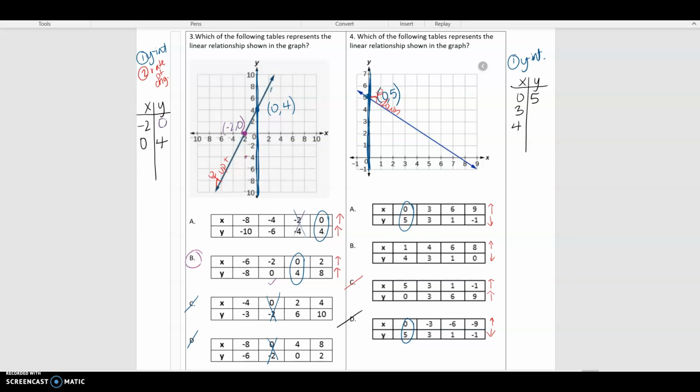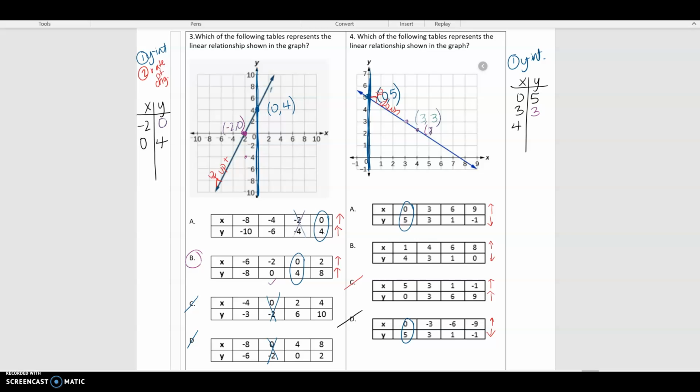Okay, so I have an x of 3. Let's go up to the line. I have a y of 3. I have an x of 4. Well, that's not quite, I don't know. I'd say 2.25. I don't know.